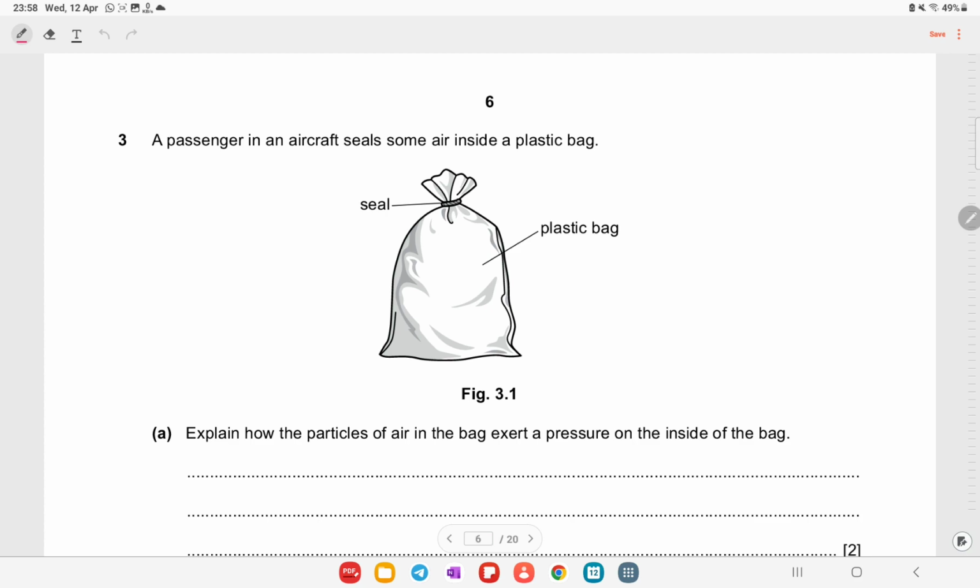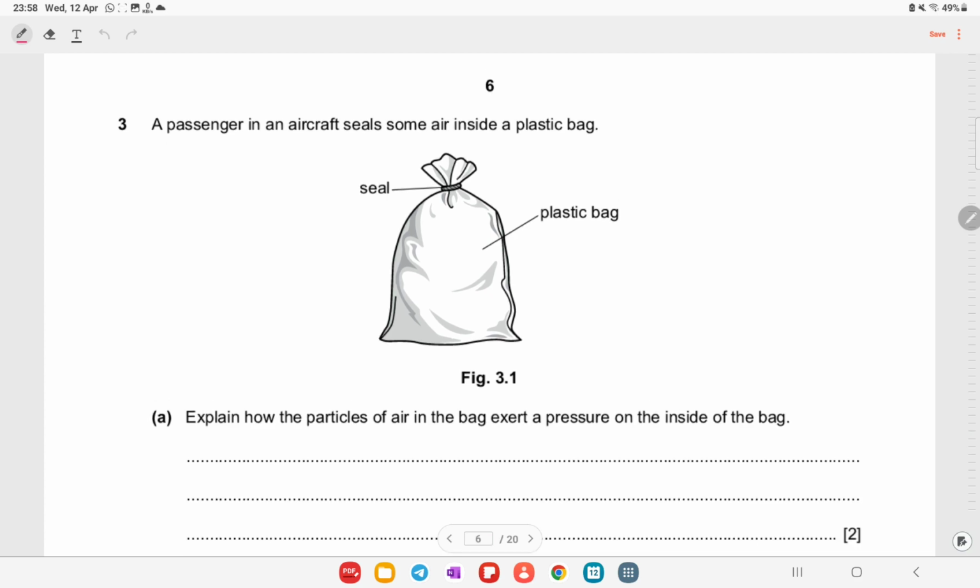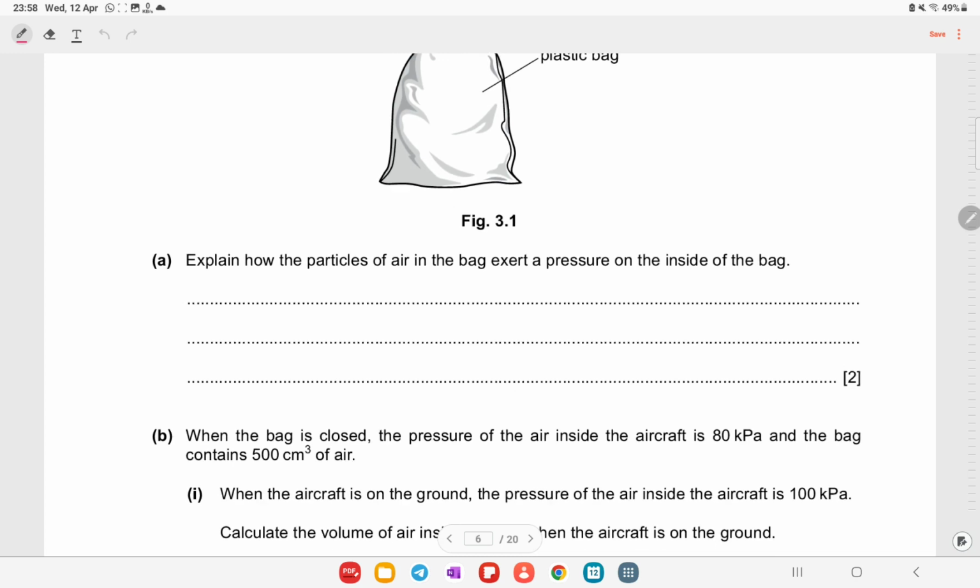A passenger in an aircraft seals some air inside a plastic bag. Explain how the particles of air in the bag exert a pressure on the inside of the bag. So first of all, the particles are in random motion. This is the first thing that you are going to write: particles of air are moving randomly in the bag.